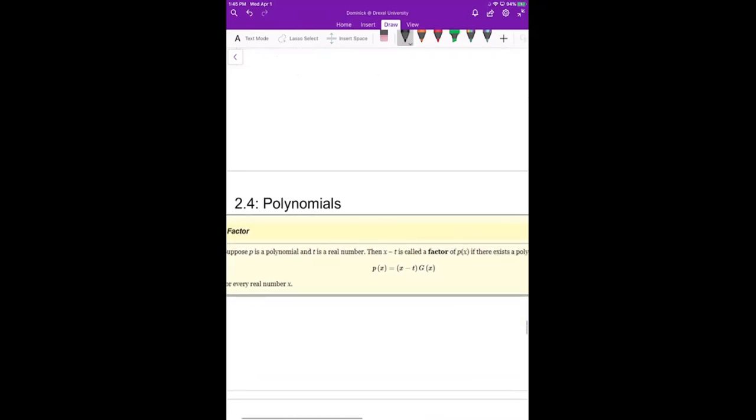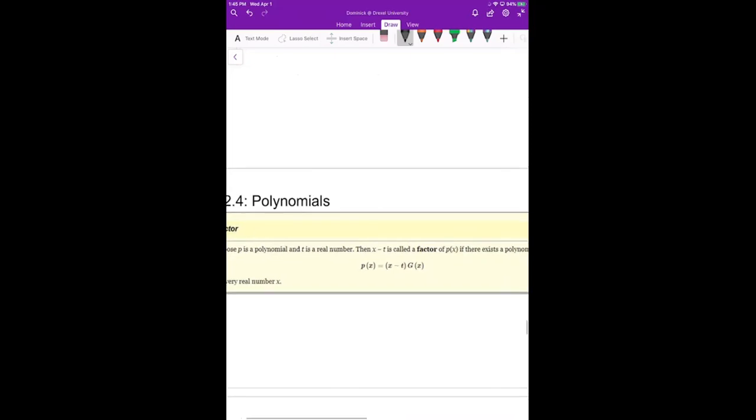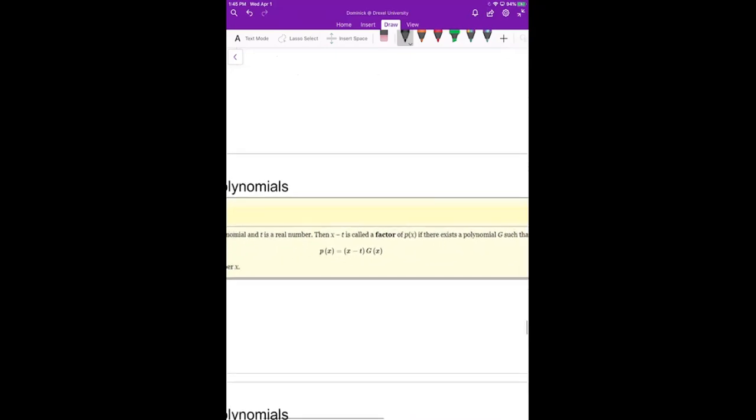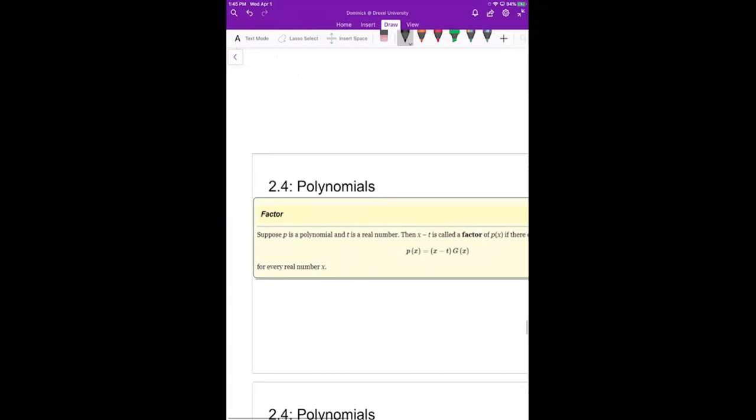Okay. Now, the next thing that we can talk about is what we mean by a factor of a polynomial. Here we're calling it x minus t, but a factor of a polynomial is really just any, even just g is also a factor.